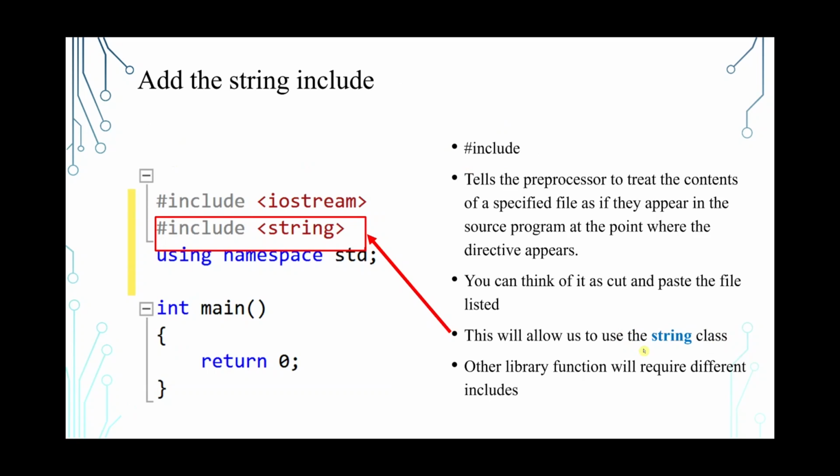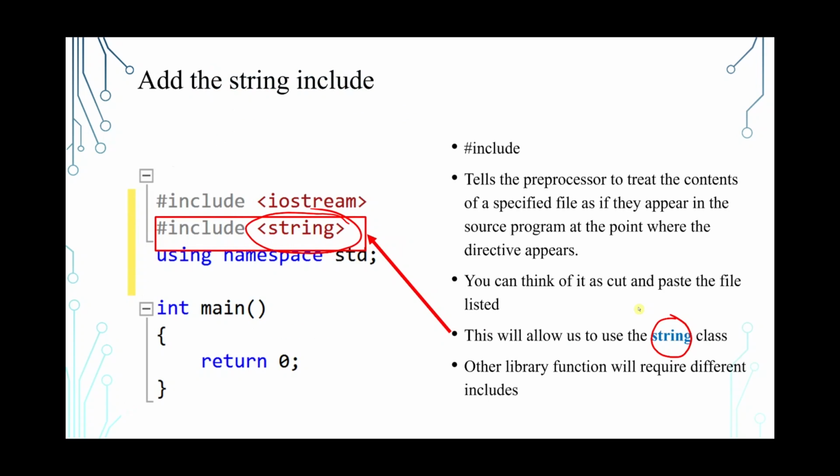We are also going to use the string library. The string library allows us to use the string class. Now, the string class is a class that allows us to create a variable to store text.